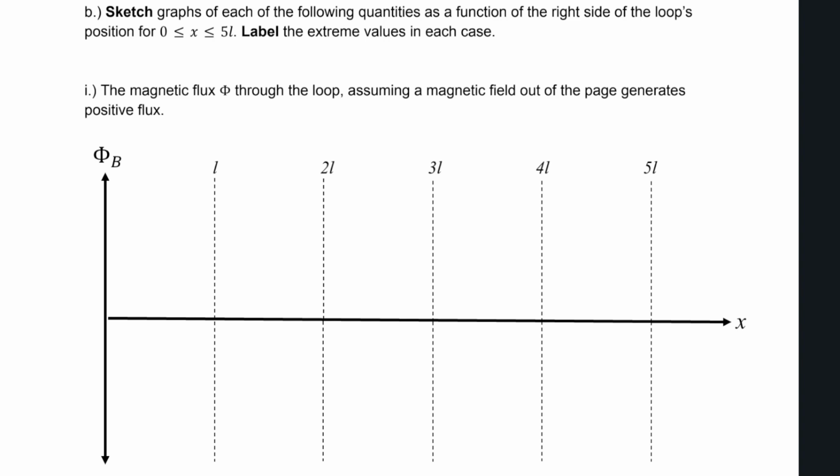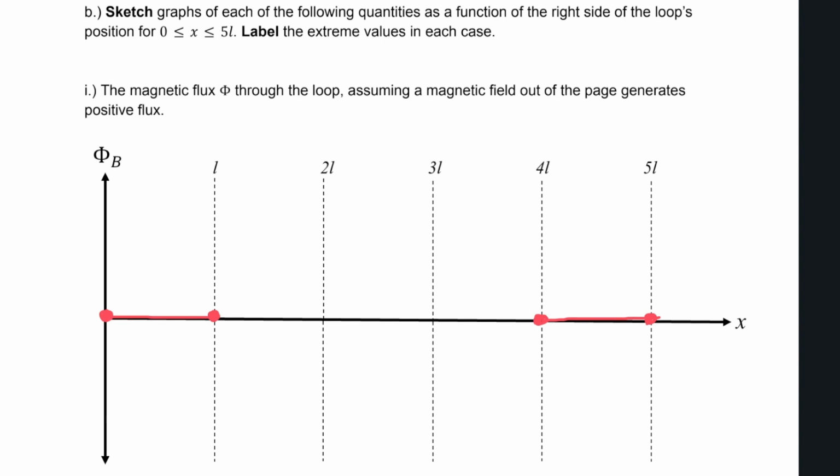First, I know that the loop is going to start with zero magnetic flux inside, because it has not reached the magnetic field yet. And it only starts to reach the magnetic field at x equals 1L. And then also I know it has fully exited the field after the right side has reached 4L. So I know that there will be some segments of just zero magnetic flux through the loop, sort of at the ends here.